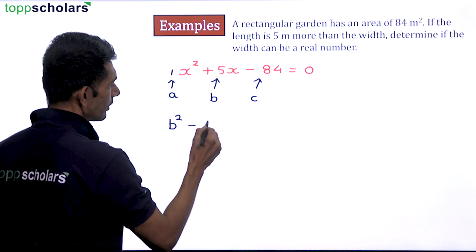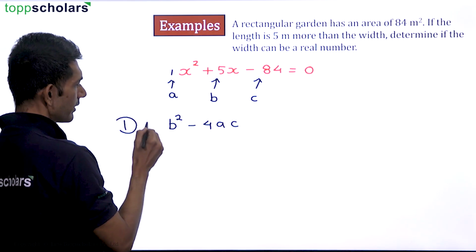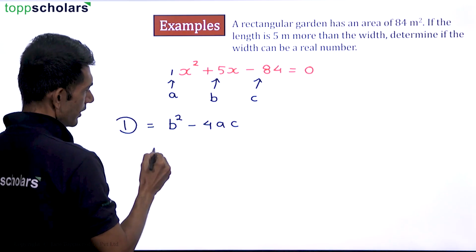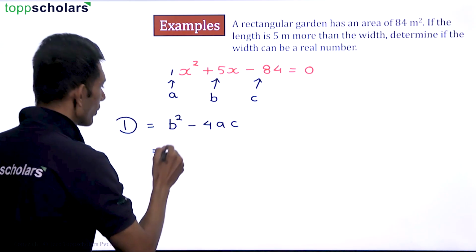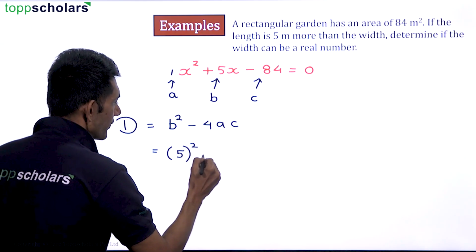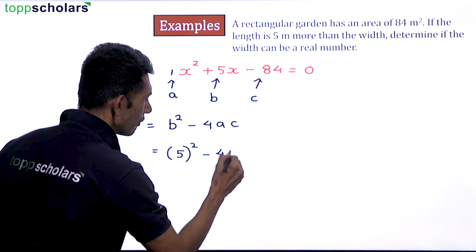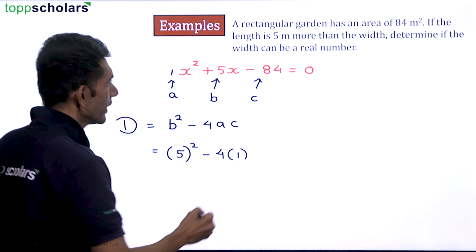B square minus 4ac, that is the discriminant, is equal to how much? B square, that is 5 square minus 4 into 1 into minus 84.